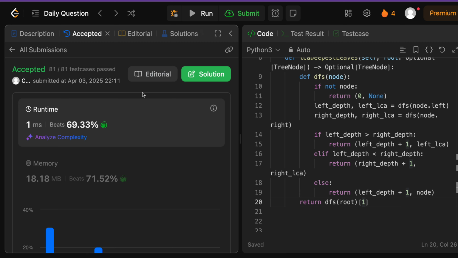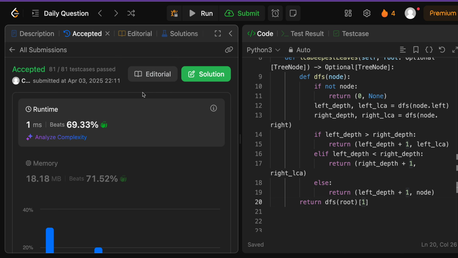Anyways, so on a high level, what are we doing here? Just to quickly reiterate, we're defining our DFS recursive function to traverse the entire tree, and we're computing the depth of each left and right subtree for each node that we process in each call of the function. And we're recursively finding that LCA by comparing the depth of the left and right subtree for whichever one is greater.